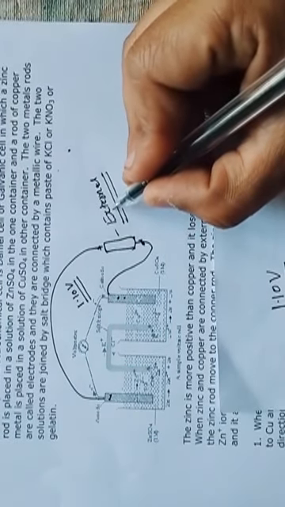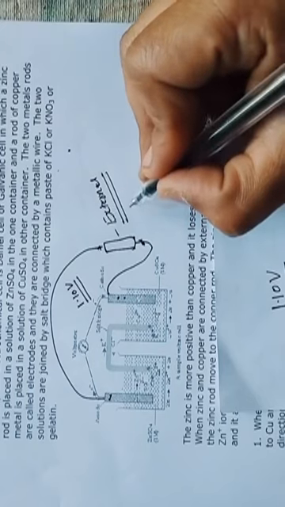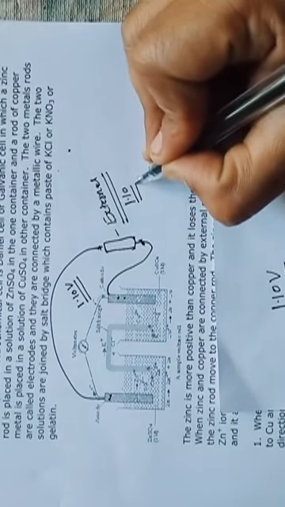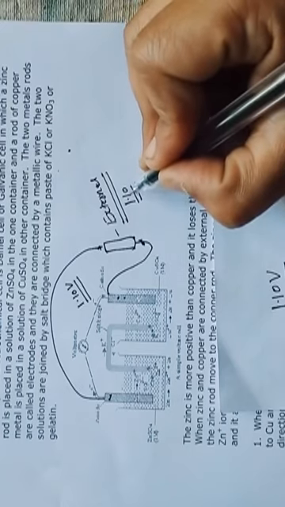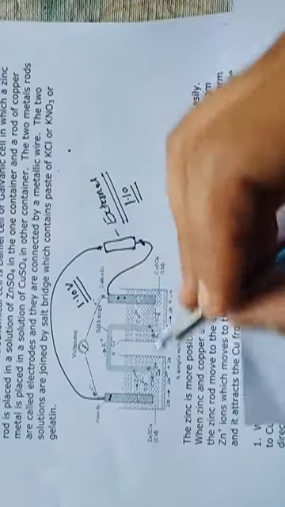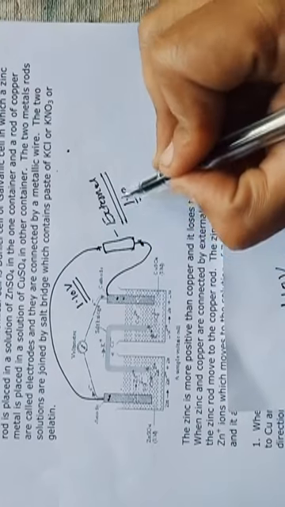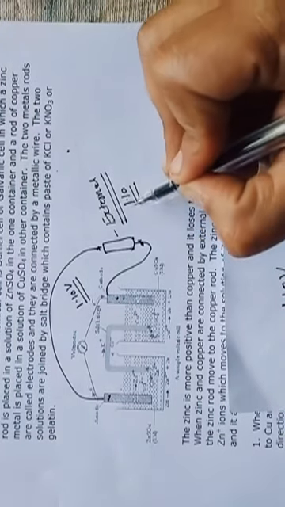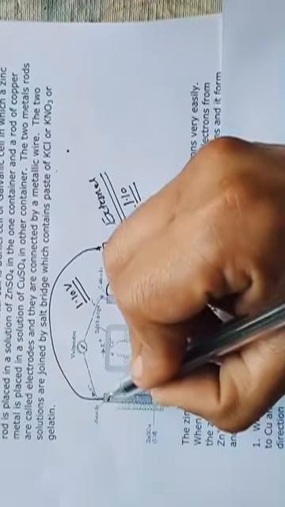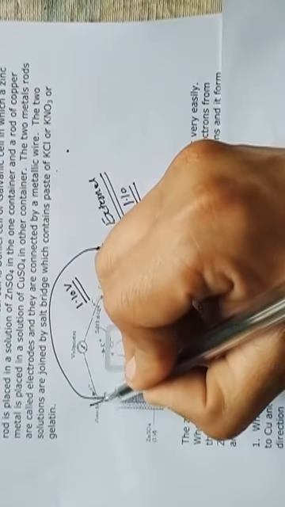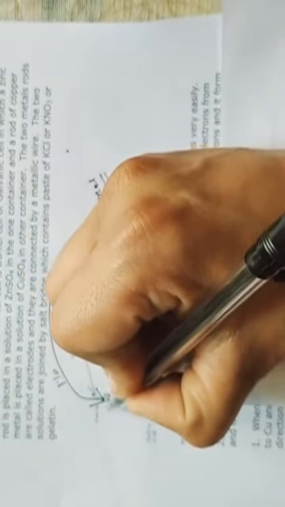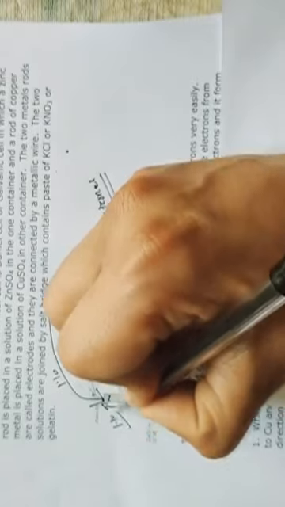If the potential of the external source is exactly 1.10 volt, then what will happen? This external source is supplying electrons at 1.10 volt, and the electrons from the anode are also coming at a voltage of 1.10.